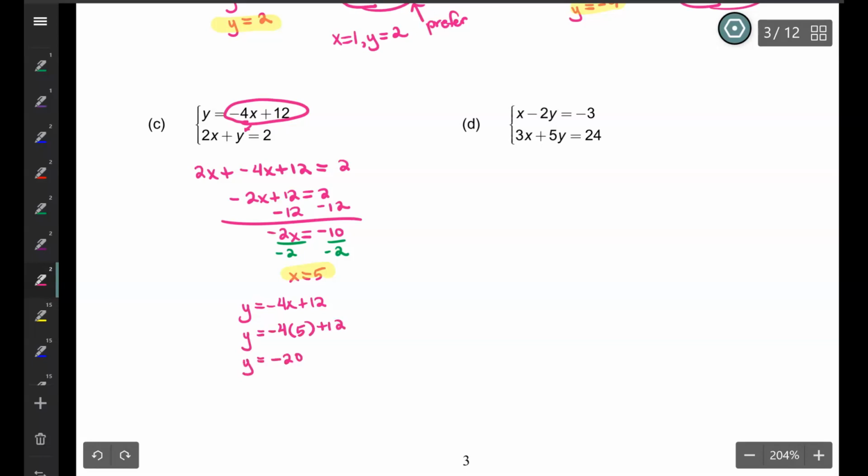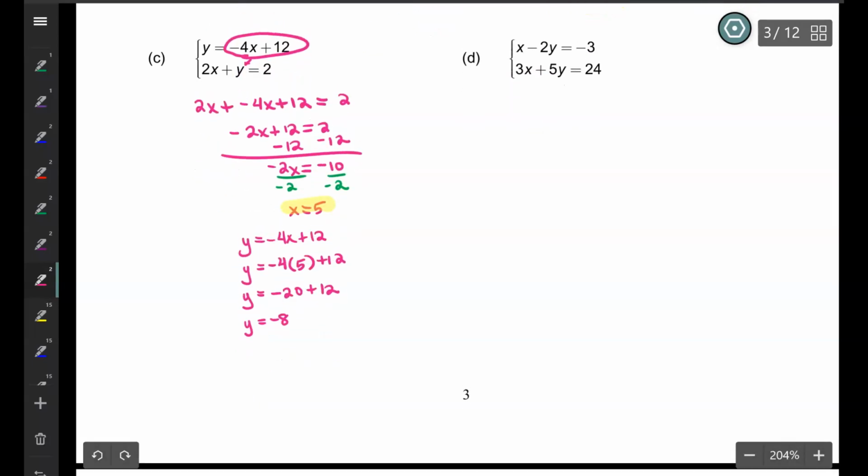So we get -20 plus 12, and that's going to give us y equals -8. So put the two numbers together, and we get 5, -8.